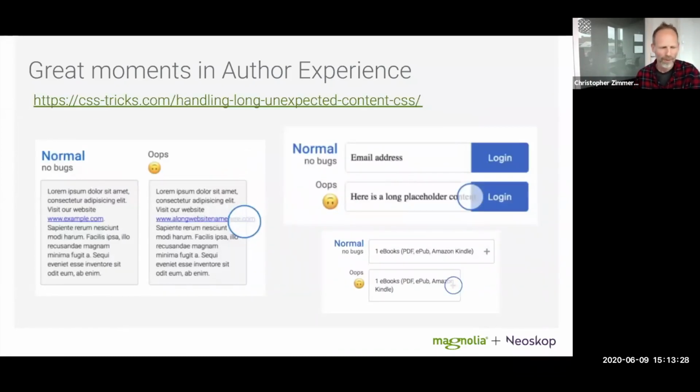Here's a few other examples. This is from CSS Tricks. They're also talking about how things can go wrong when you don't really see the result of what you're doing. You can have content dripping over the edges of your boxes and that sort of thing. This is an experience where you don't have the full information about what it is changing when you're editing something.